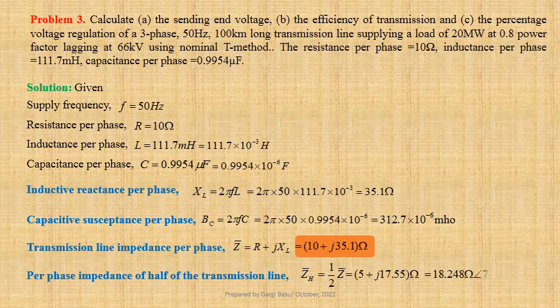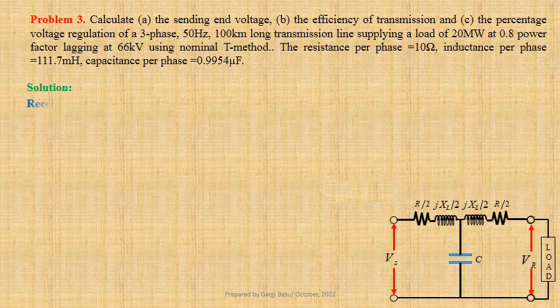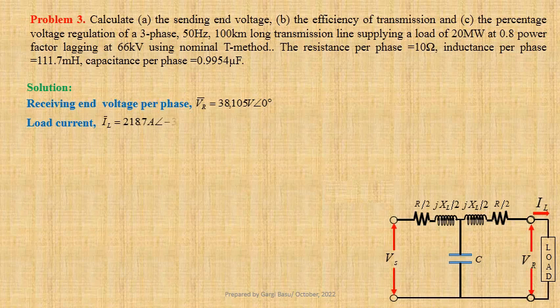This may be expressed in polar form as 18.248 ohm at an angle 74.1 degree. Taking receiving end voltage per phase as reference, we can write VR equals 38,105 volts at an angle 0 degree. We have obtained load current IL equals 218.7 ampere at an angle minus 36.8699 degree.